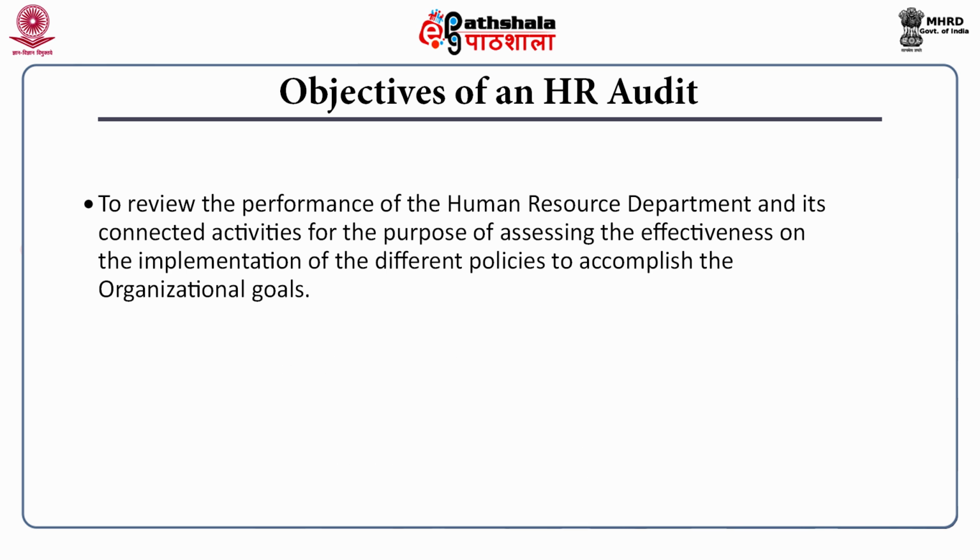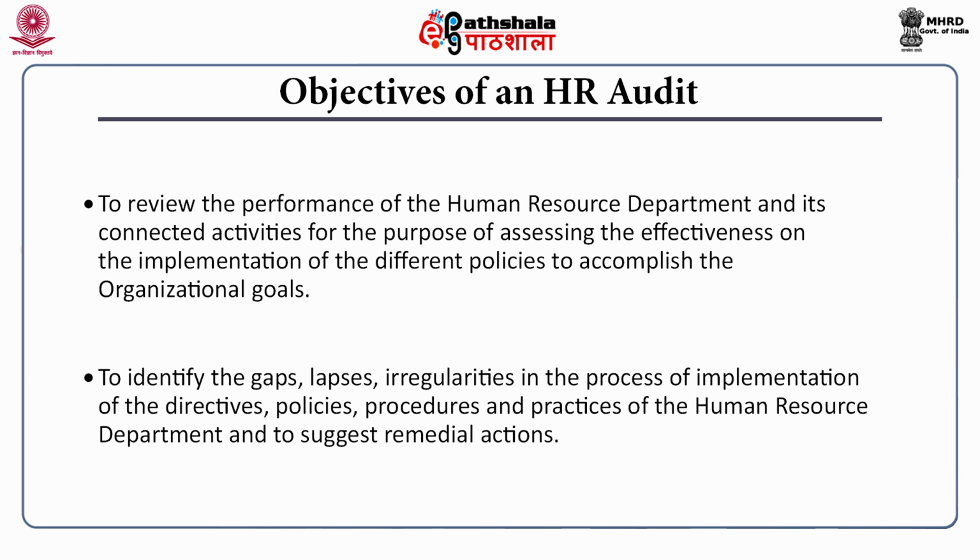To review the performance of the human resource department and its connected activities for the purpose of assessing the effectiveness of the implementation of the different policies to accomplish the organizational goals; to identify the gaps, lapses, irregularities in the process of implementation of the directives, policies, procedures, and practices of human resource development, and to suggest remedial actions.